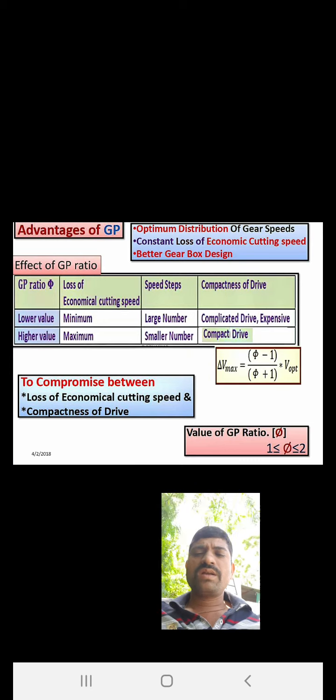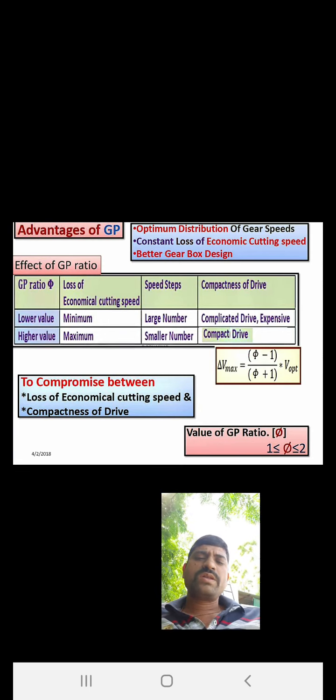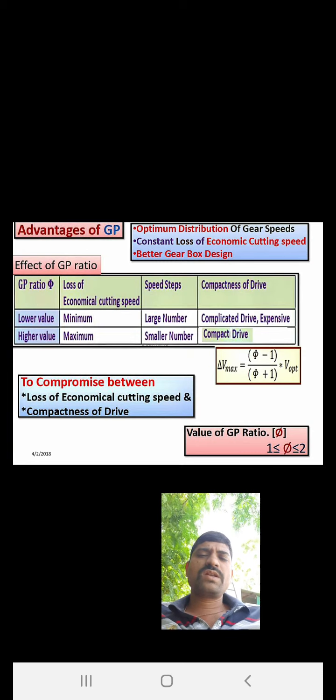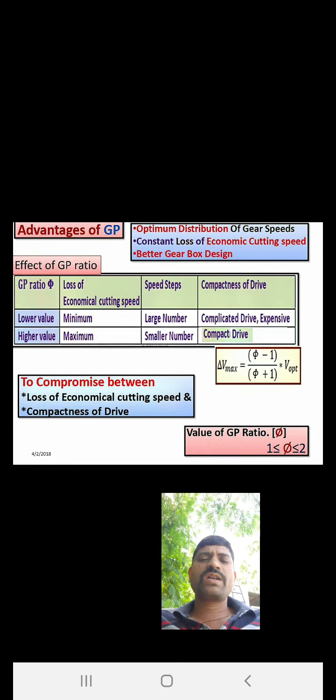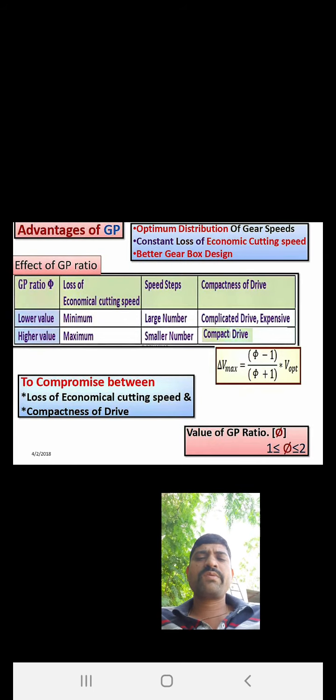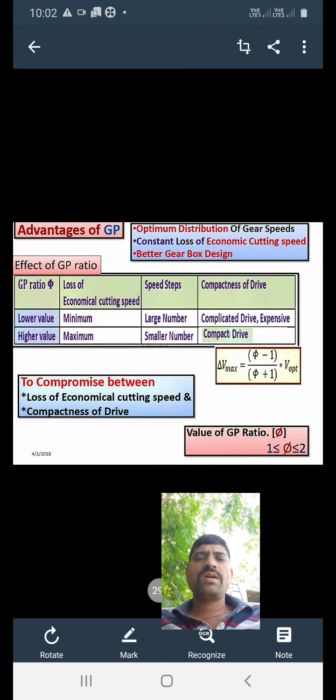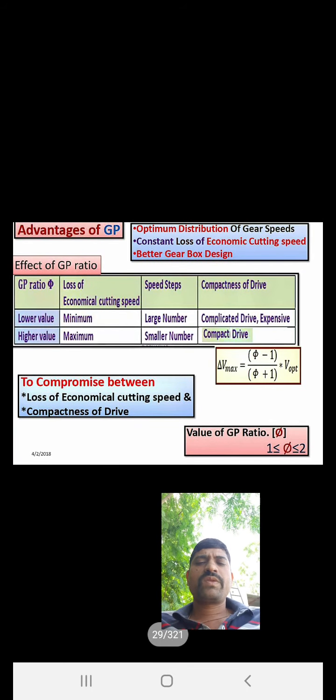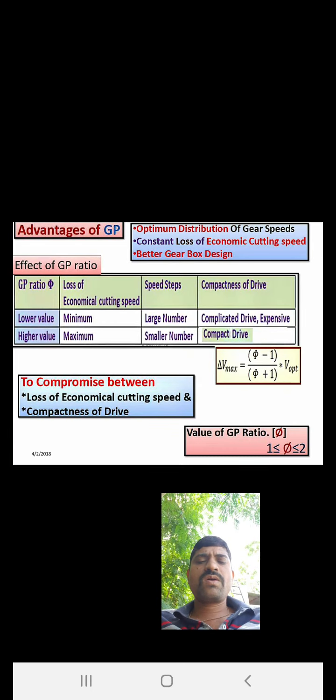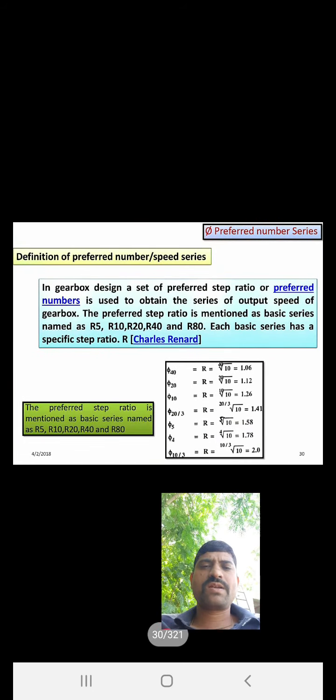Then, in the compromise between loss of economic cutting speed and compactness of drive, the value of GP ratio phi: we have seen one derivation, delta v max is equal to (phi minus 1) divided by (phi plus 1) into v optimum. The value of geometric progression ratio phi is greater than 1 and less than or equal to 2. Already we have seen that.